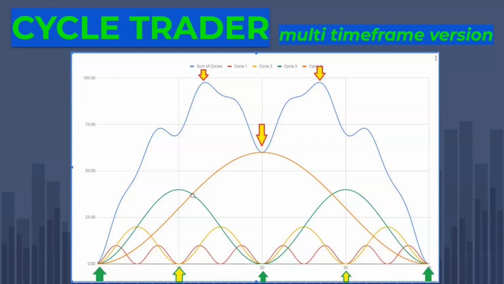So the upward pressure would be strongest here and the down pressure would be strongest here, especially if two cycles start pushing down together. This is when those cyclical support levels stop holding price. Price breaks under cyclical support because two or more cycles point down together.